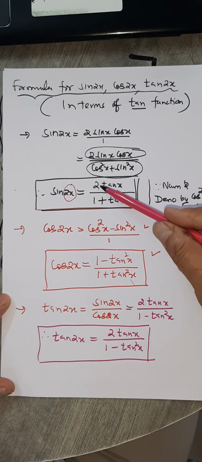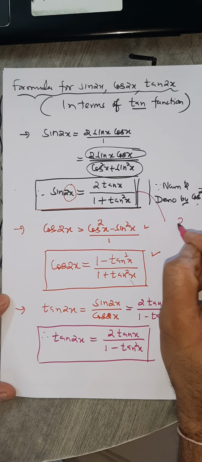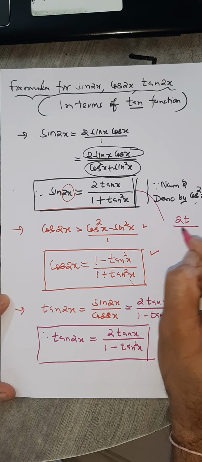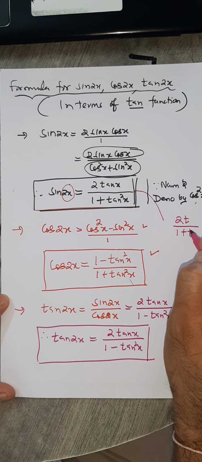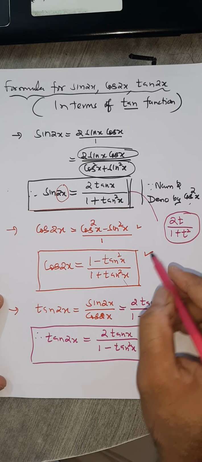I repeat, 2t upon 1 plus t square. You can remember it this way; t stands for tan.